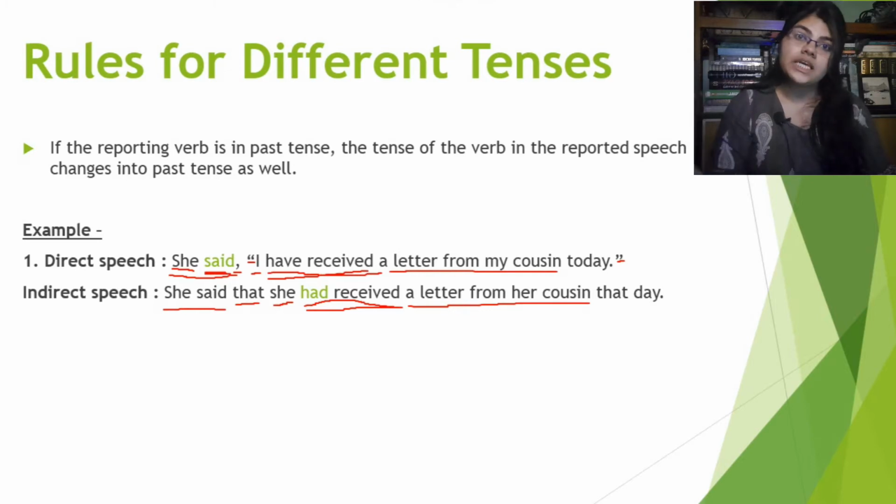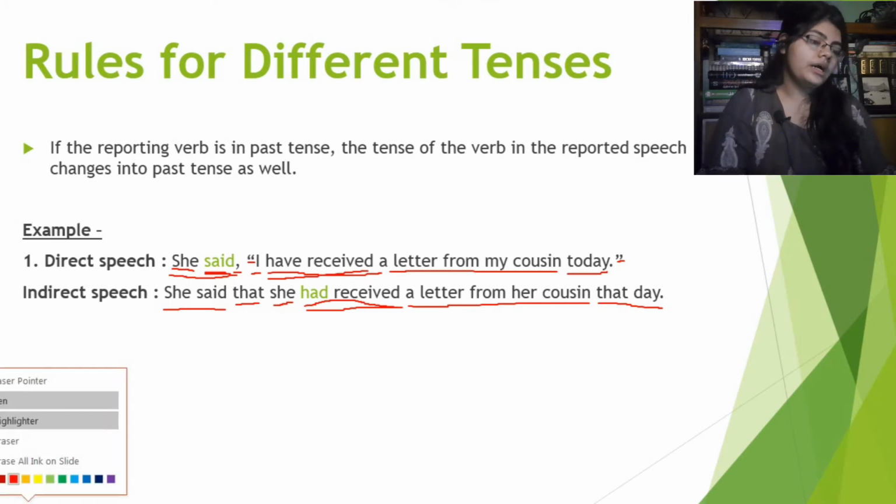And as we said in the previous segment, there are some words that get changed from direct speech into indirect speech. The word here is "today." We said that "today" changes into "that day." So, "She said, I have received a letter from my cousin today" changes into "She said that she had received a letter from her cousin that day."